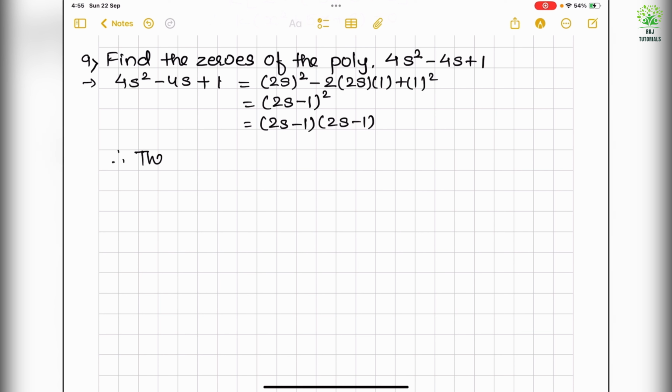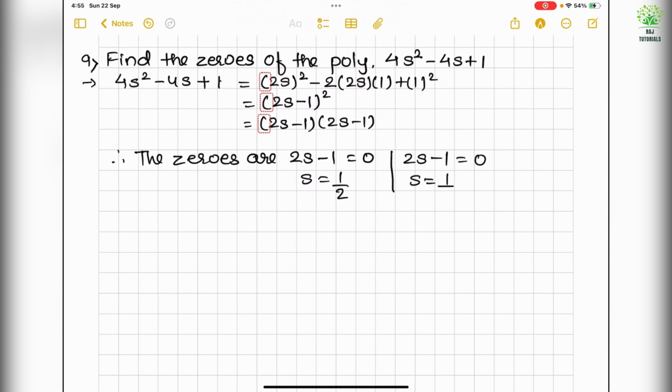So that will be 2x minus 1 into 2x minus 1. So therefore the zeros are 2x minus 1 equal to 0 and the other zero also will be 2x minus 1 equal to 0. So x equal to half are the zeros.